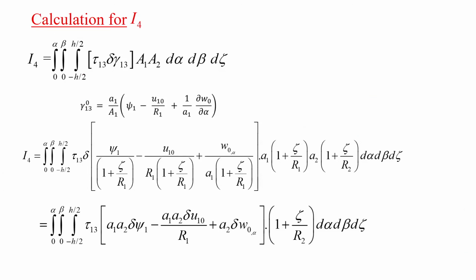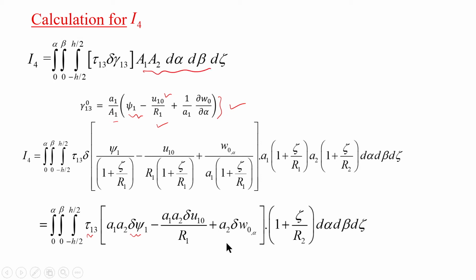Now, come to the I4 expression. In the I4 expression, it will be tau 13 del gamma 13. So, here tau 13 psi 1 u1 0 by r1, and if you substitute their del, it will be del of this thing, small a1 by a1 is here. So, again we have this thing.